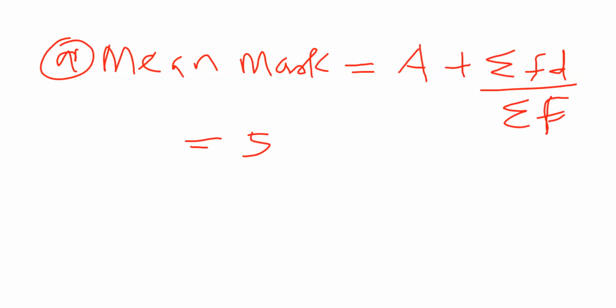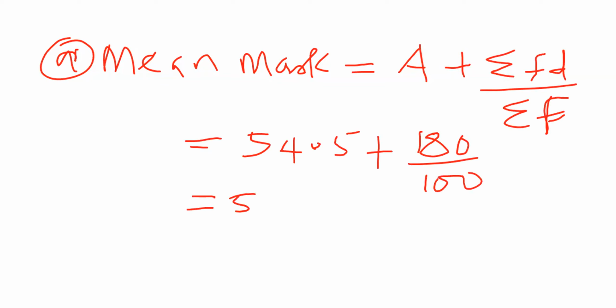The question gives us assumed mean to be 54.5, plus the column FD is 180. The total number of students in that question is 100. So we're having here 54.5 plus 1.8.